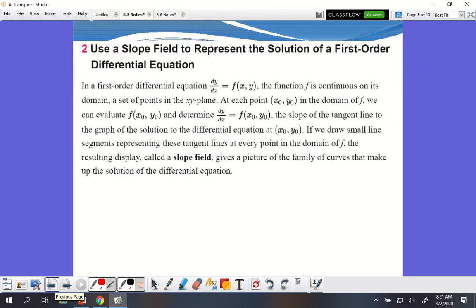One of the things that is super important: if you are looking at a slope field and you end up with something like this, that means that the x does not matter and the slope is the same all the way across.